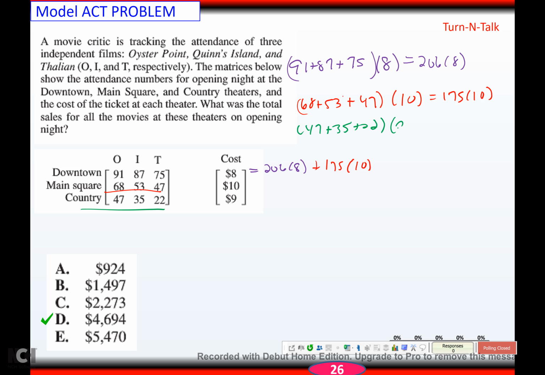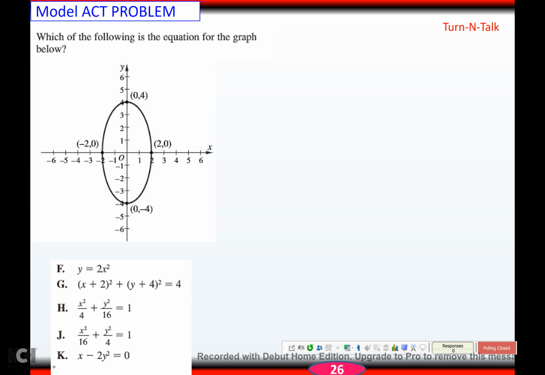I meant 9, sorry. That gives me 144 times 9. Well, all that mess gives me $4,694. Okay? Try this one, hit pause, come back when you're ready.